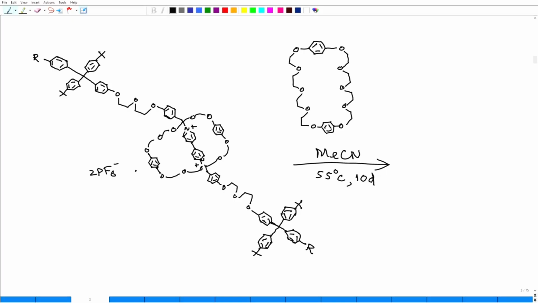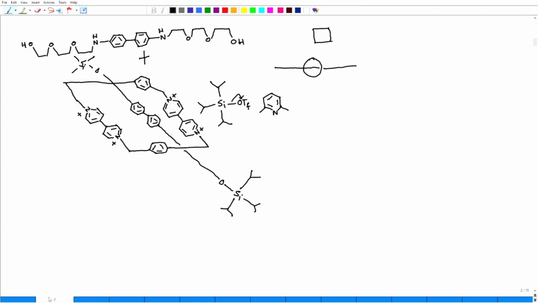In the previous case, I had an electron deficient macrocycle and electron rich linear. So it went in, and formed this pseudo rotaxane. From there I could get rotaxane.